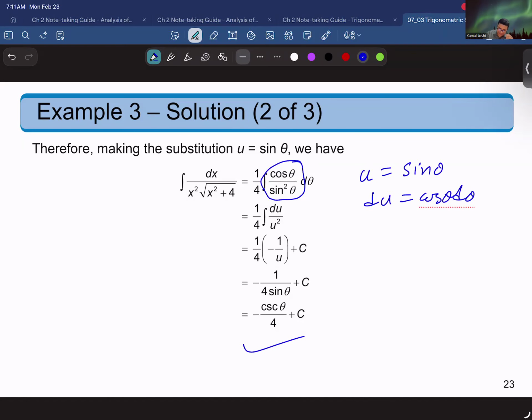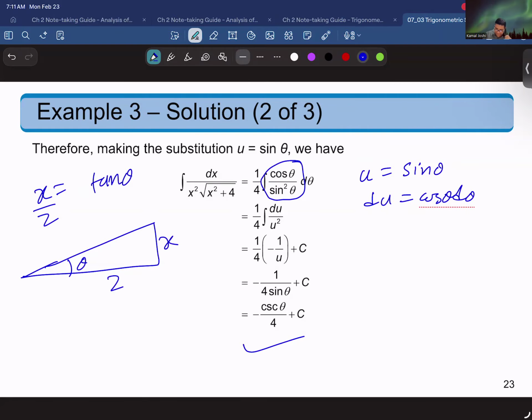Then the triangle method. We set x equals 2 tan theta, so take the theta here, tan theta is x over 2. So x here, 2 here, opposite by adjacent.